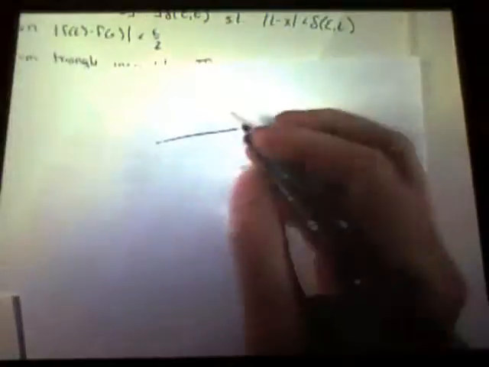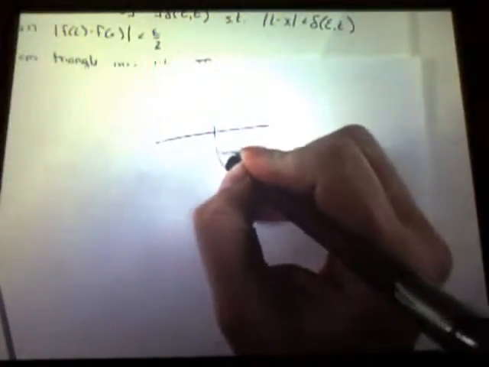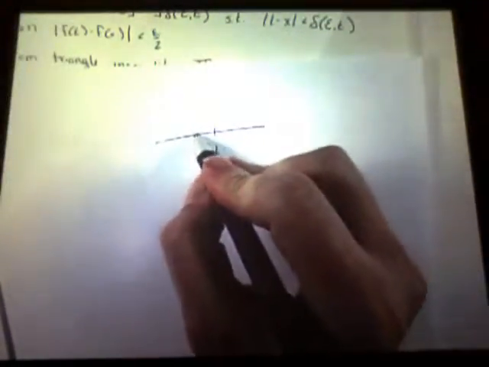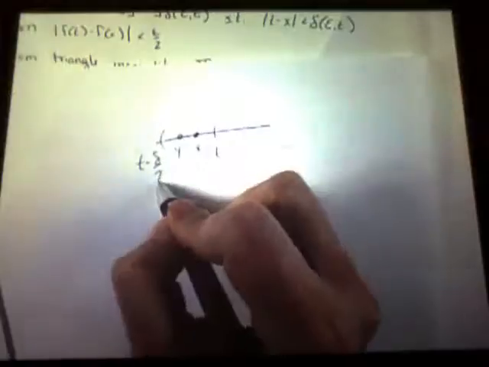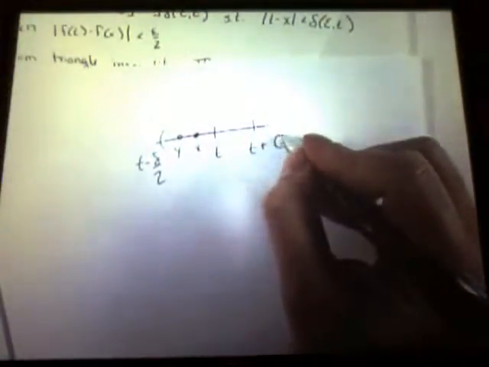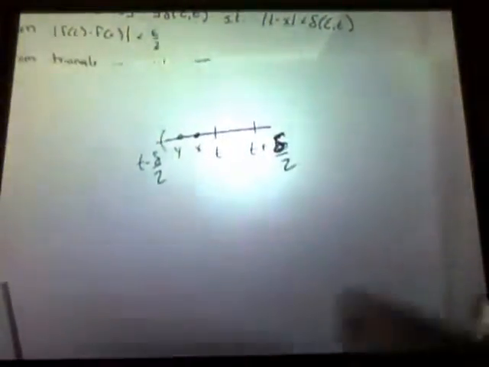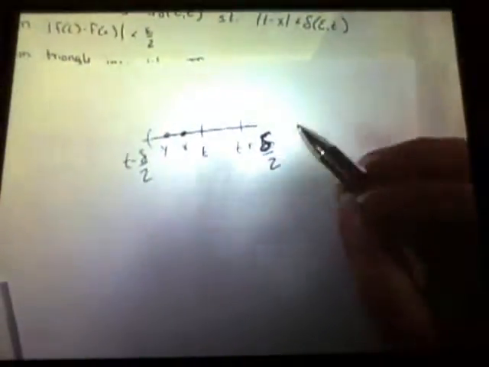So kind of what we're going for is the same kind of thing as before: we're going to have x and y here somewhere, and we're going to have our t. What we're trying to do is show that our x and y are in here.